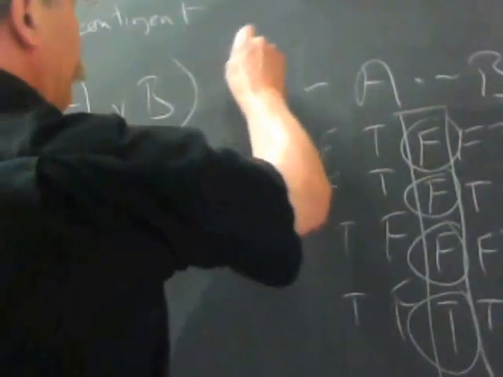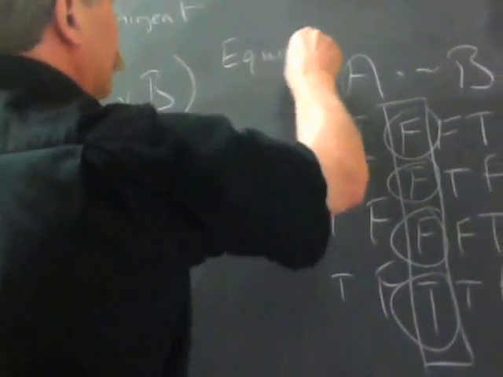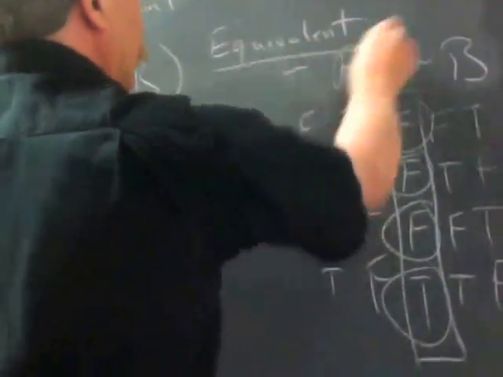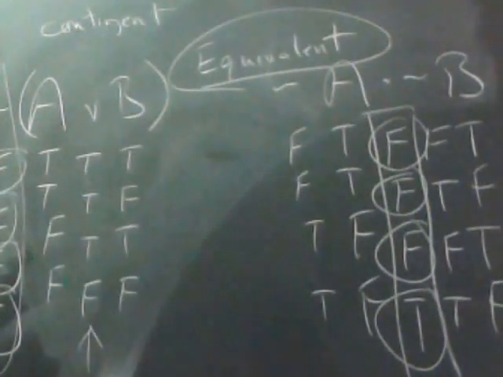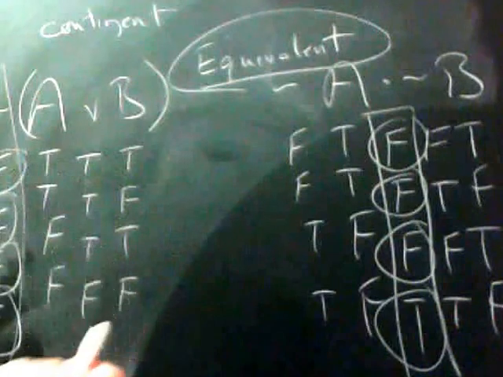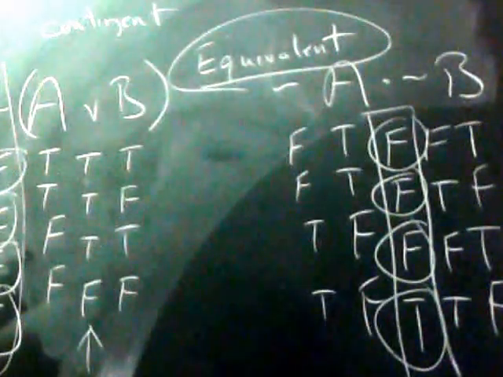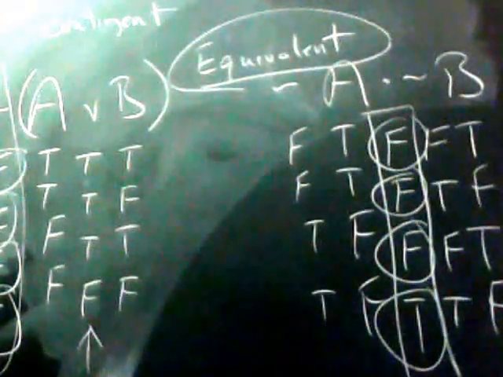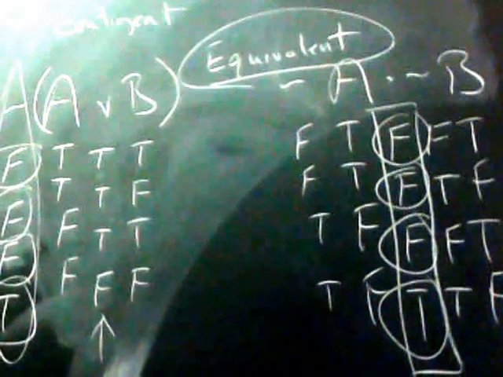So they're absolutely equivalent to each other, because from one line to the next they say exactly the same thing. And that's what this truth table for each of them shows, is not only that they are contingent statements themselves, but that they are equivalent to one another.